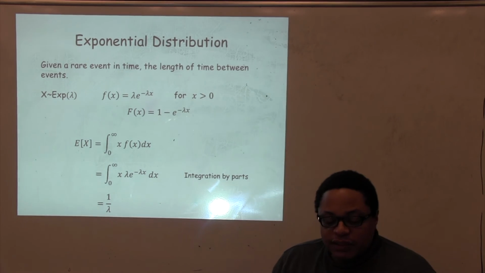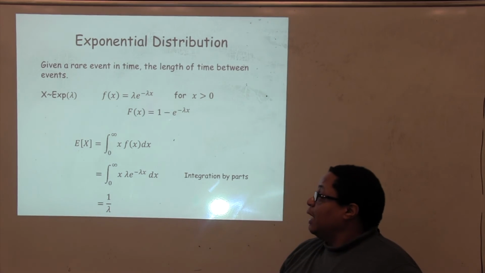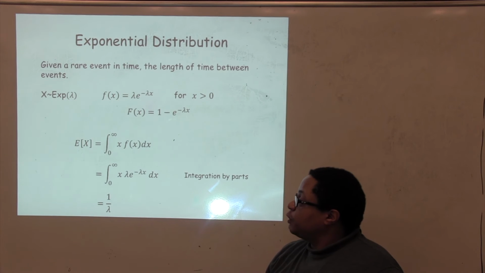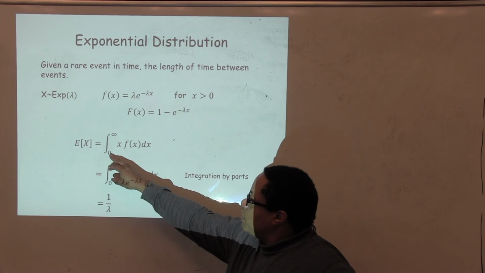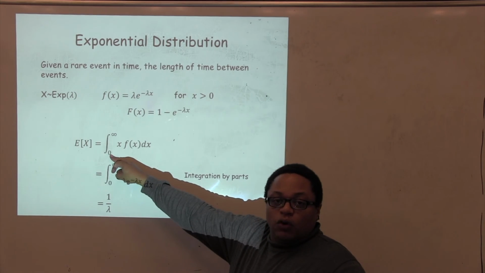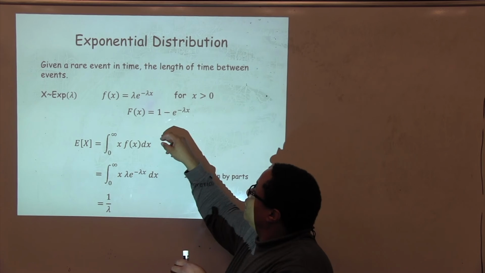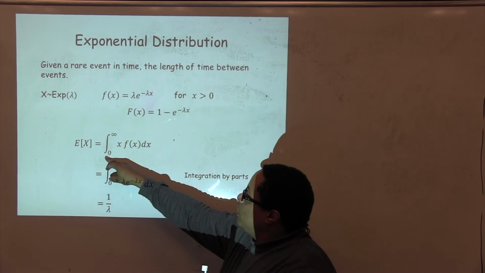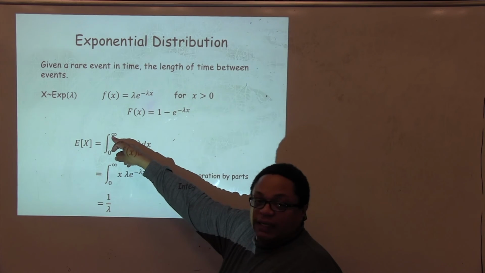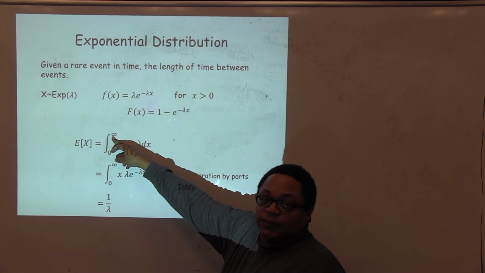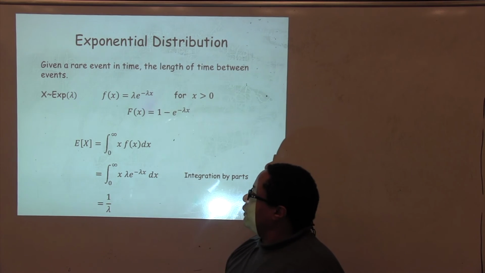We did that using the definite integral. And here we have an expression for the expectation, and it's an integral where 0 is on the lower bound of the integration because the whole expression is 0 when x is less than 0, and the upper bound of this definite integral is infinity.